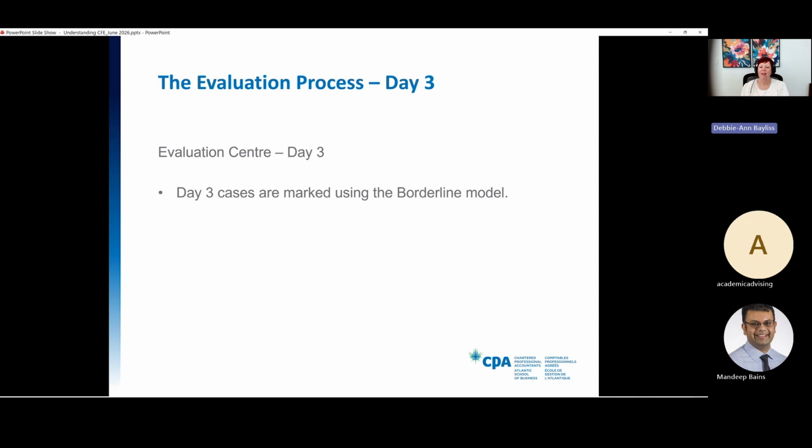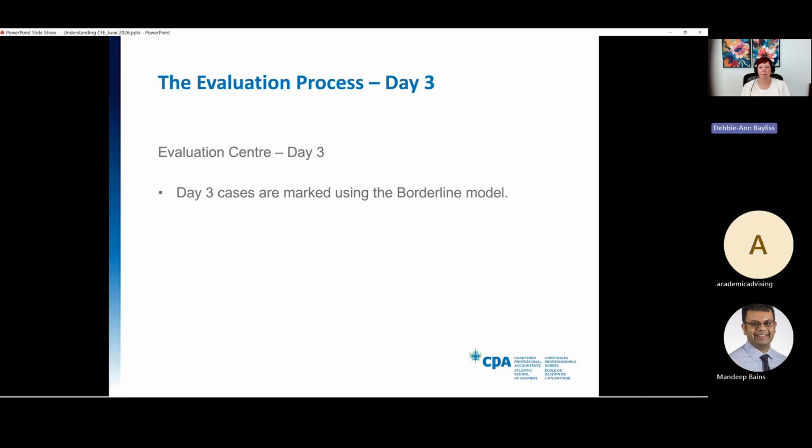When it comes to day three, they also use that borderline model. Once day three is marked, they look at the candidate's performance against all of the levels.